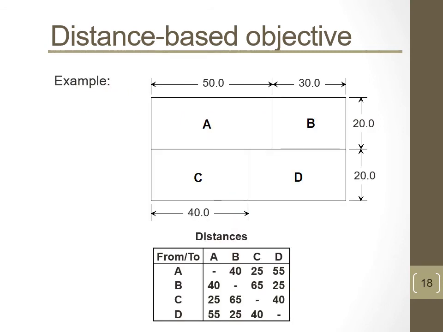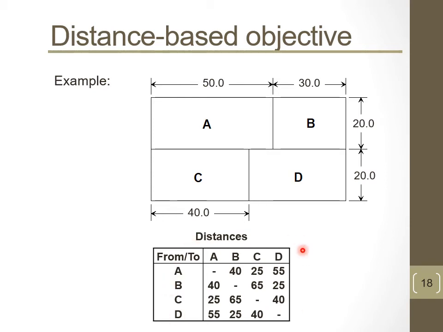So an example will be helpful in understanding. So let's consider this block diagram given here with 4 departments A, B, C, and D. Okay, and the lengths and widths, or the dimensions of the departments, are provided. Now let's first identify the distances.